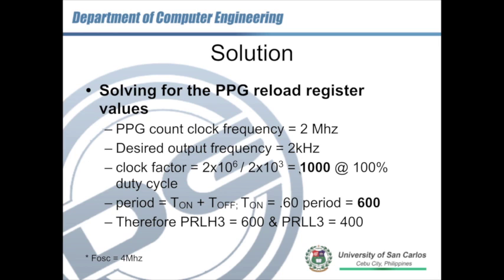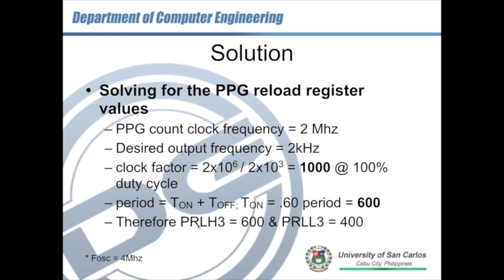Since this is the number of counts at 100%, we can now calculate the number of counts for T on and T off. T on is 60% of 1000, therefore we have 600, while T off should be equal to 400.